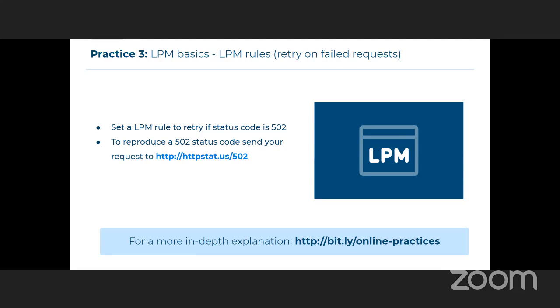The target sites very often use 502 if they detect some automated behavior, bots, or proxy traffic. So I will set a rule in LPM to retry the request if the status code was 502. I also want to mention that there is a very handy API called http://stat.us/any-number, which gives the specified number in the response as the status code.